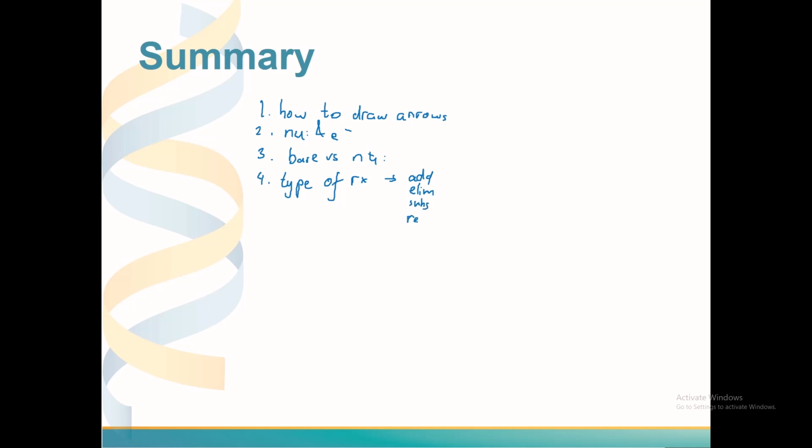So that's the end for today's session. You already learned a lot, starting from number 1, how to draw arrows in reaction. Number 2, you learned the difference between nucleophile and electrophile. Number 3, you also learned the difference between base versus nucleophiles. And also learned a lot of types of reaction. So you have, based on the kinds, addition, elimination, substitution, and rearrangement.